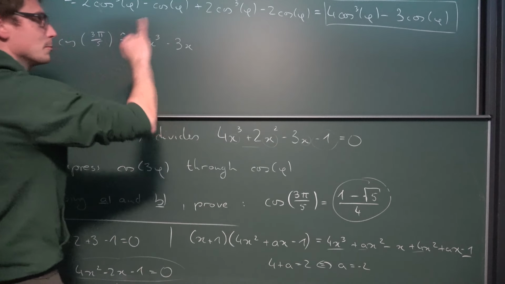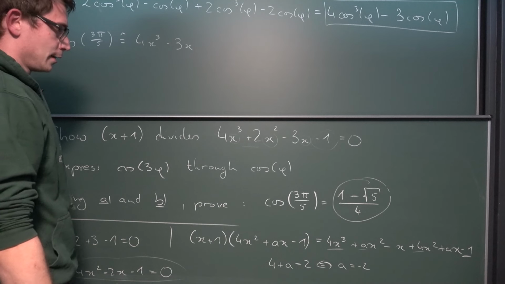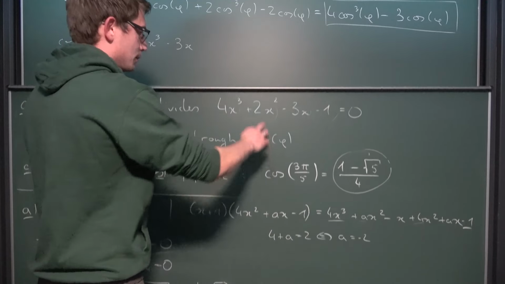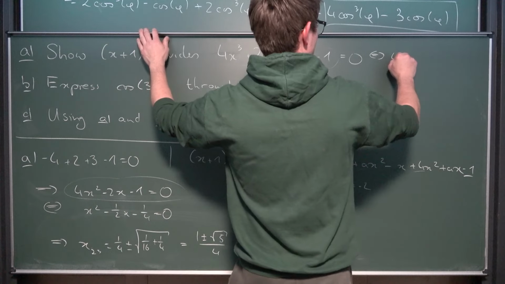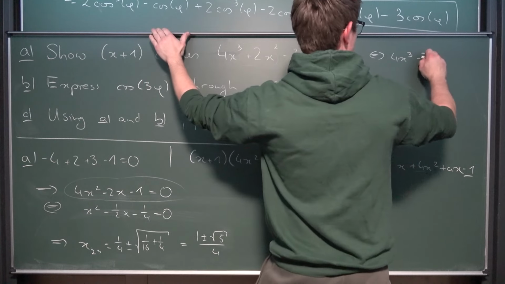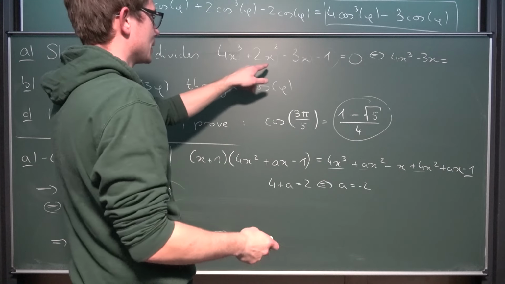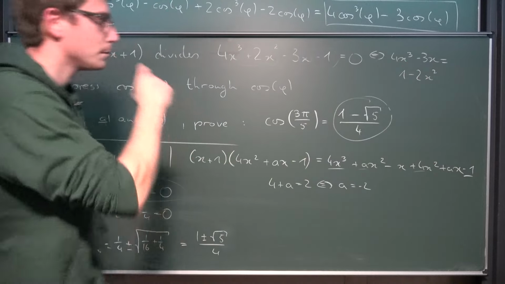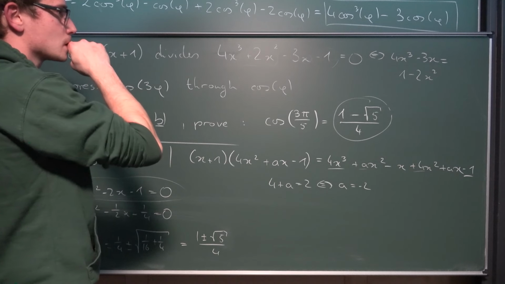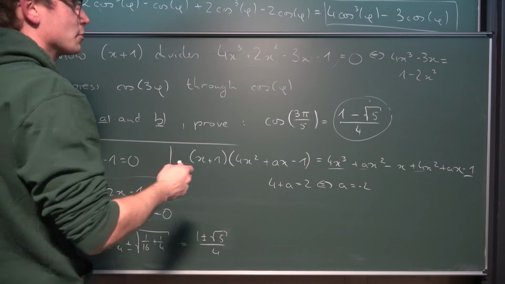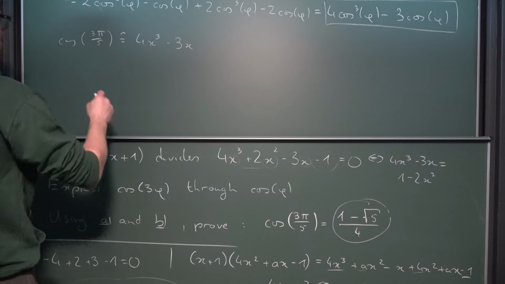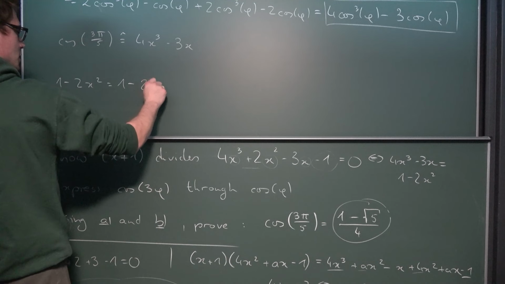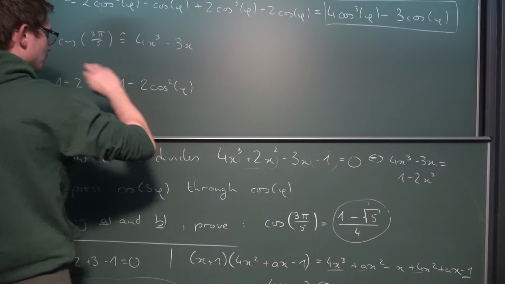This is what we got right now, where x is cosine of phi. But by using this right here, we also know that 4x cubed minus 3x is the same as, if we bring this to the other side, 1 minus 2x squared, where x is cosine of phi. 1 minus 2x squared is 1 minus 2 times cosine squared of phi.